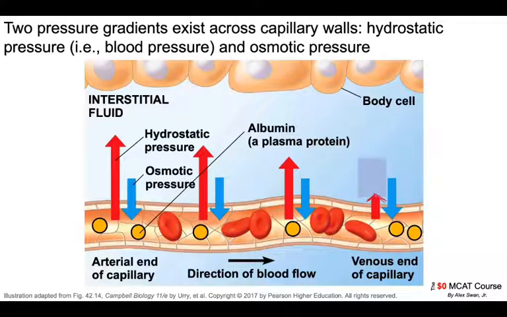As you can see, this diagram illustrates a typical capillary in a capillary bed. This is a capillary. And the first thing I'm going to point out is that capillary beds have a sense of directionality to them.